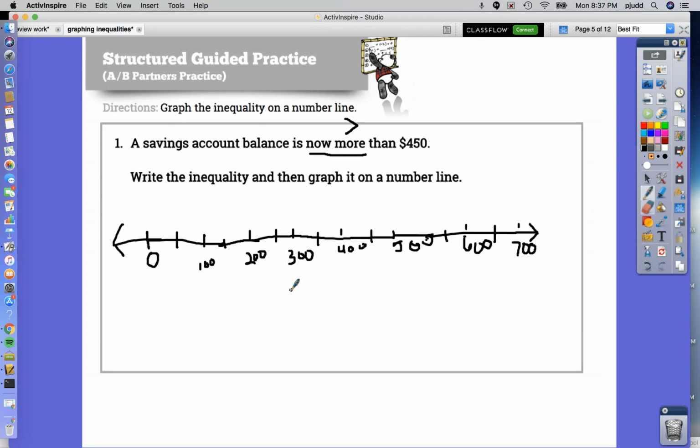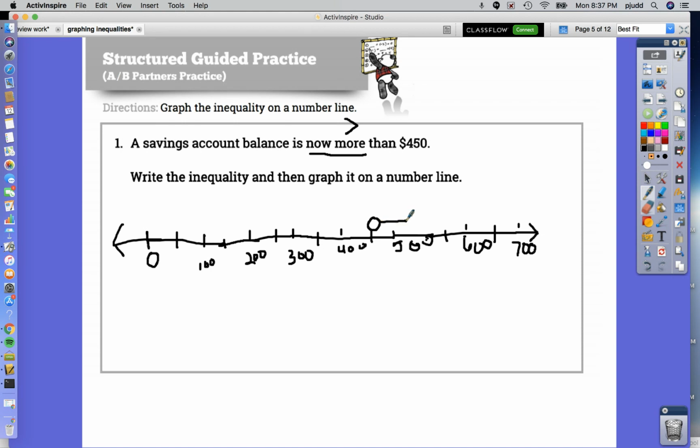Okay, so you've got your number line drawn, and we know that we're going to begin here at 450, but is it going to be an open circle or a closed circle? The savings account balance is now more than $450.